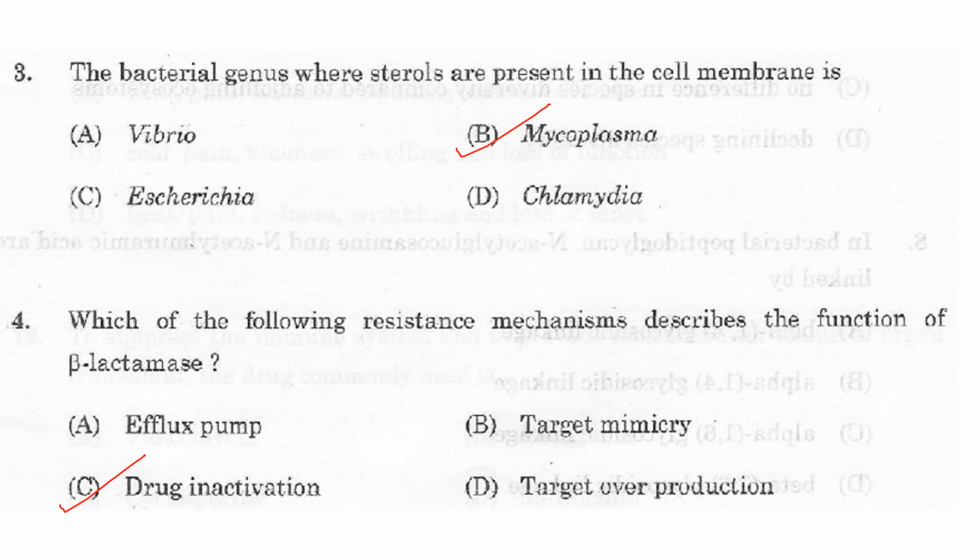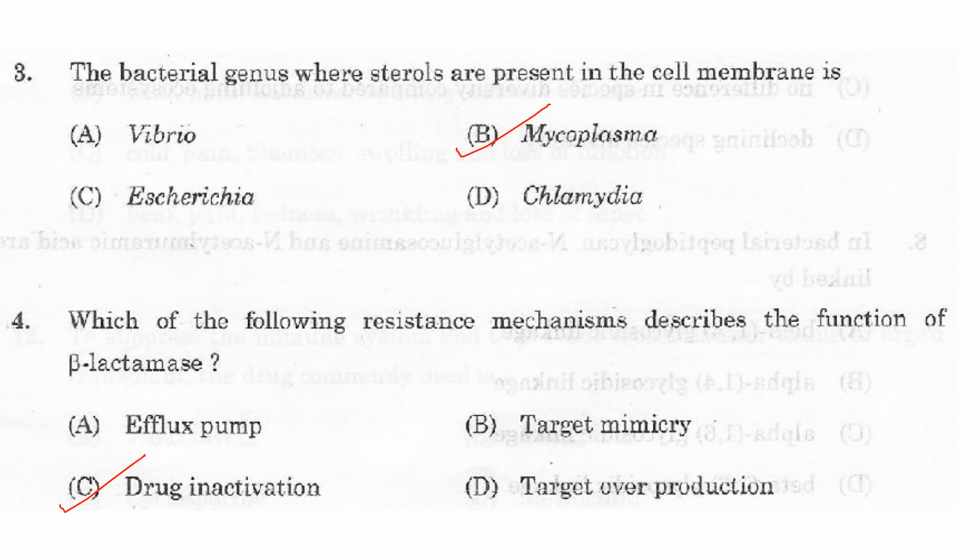Target overproduction means the bacterial cell will produce an excess amount of the target protein. Target protein means the protein that is targeted by the antibiotic. In excess, that protein will be produced, and this will result in a reduction in the effectiveness of the antibiotic.